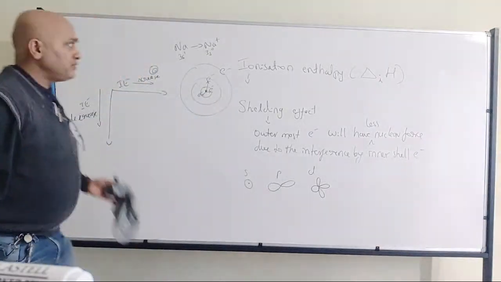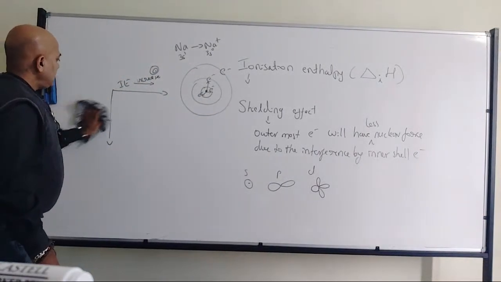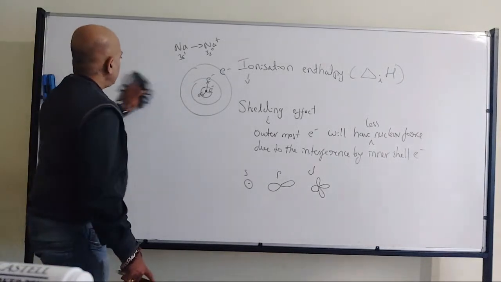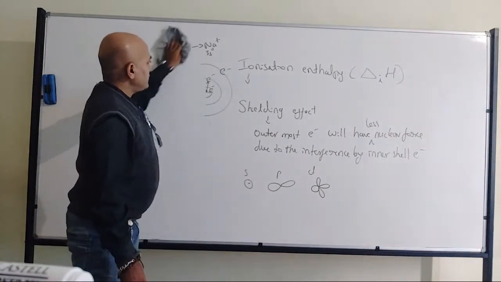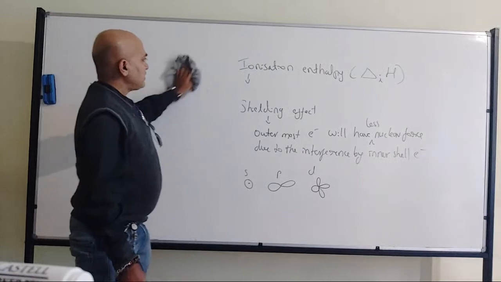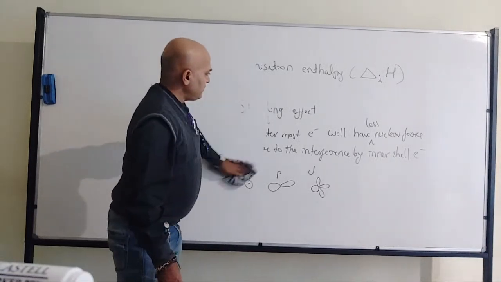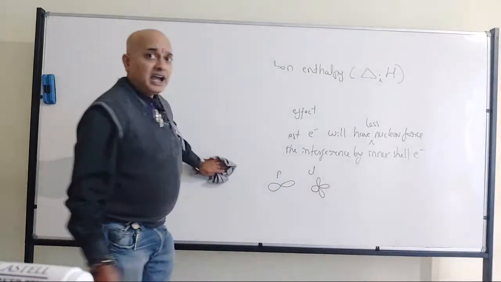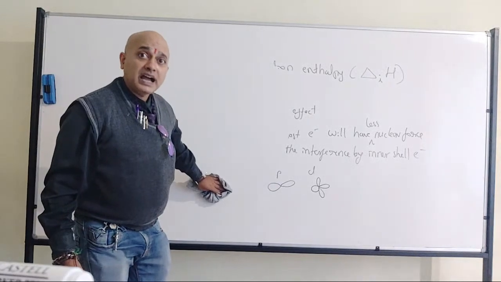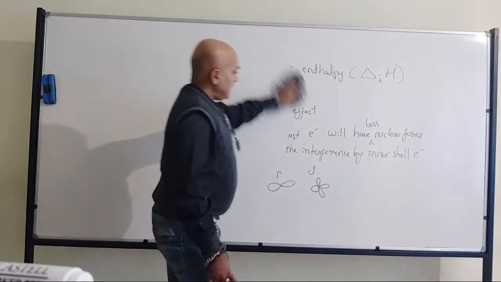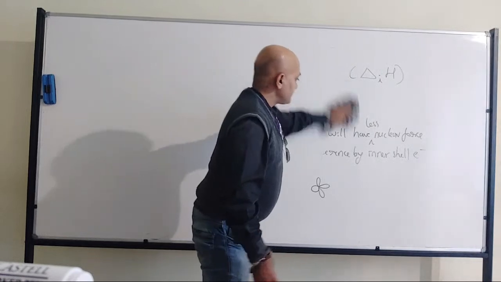Can any one of you tell me any other variation we can observe when you are moving across the period? Any other variation? Why am I asking you people? Because already I have told about this. Any other variation?